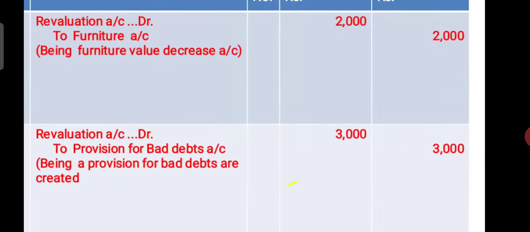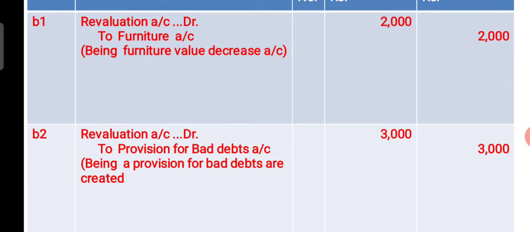Next, revaluation of assets. Revaluation account debit to furniture account 2,000, being furniture value decreased, and revaluation account debit to provision for bad debts account, being provision for bad debts created, 3,000. See, the revaluation account should be debited when the asset values are decreased.